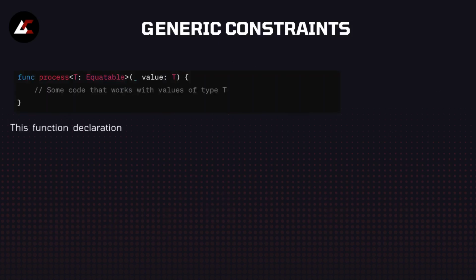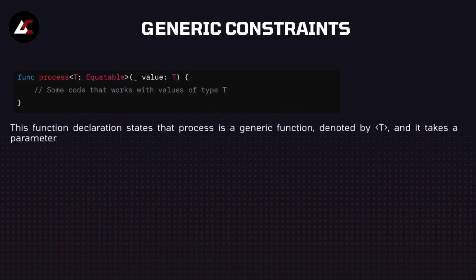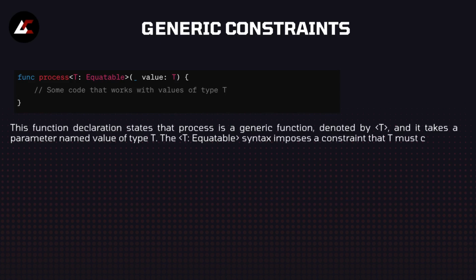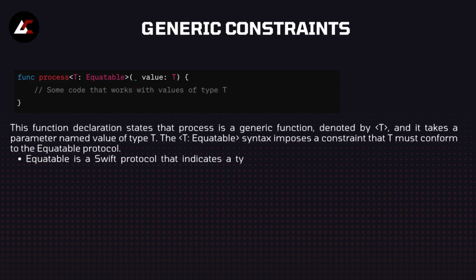This function declaration states that process is a generic function denoted by T, and it takes a parameter named value of type T. The T: Equatable syntax imposes a constraint that T must conform to the Equatable protocol. Equatable is a Swift protocol that indicates a type can be compared for equality using the double equals operator.